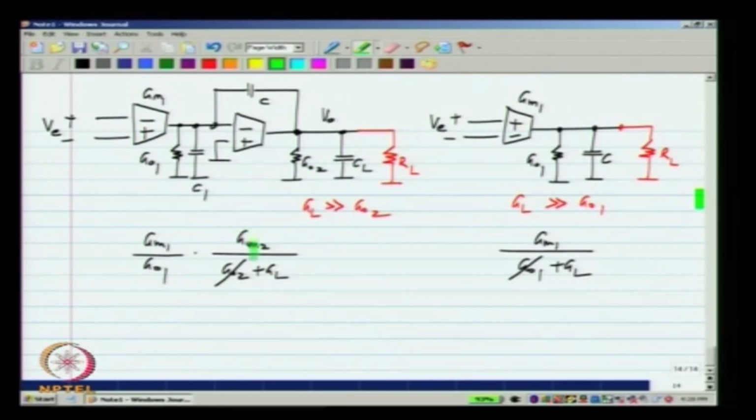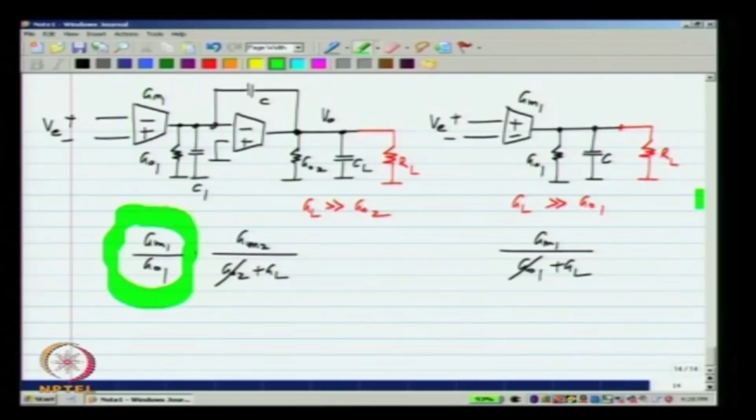GM2 does not have to be much more than GL. It has to be more than GL, but not by a factor of 100 or 1000, but it could be more by only a factor of 10, let us say. That is okay, because you can still keep GM1 by GO1 very large and get a DC gain that has a large respectable value. Okay. In other words, you place the burden of getting a large DC gain on the first stage.